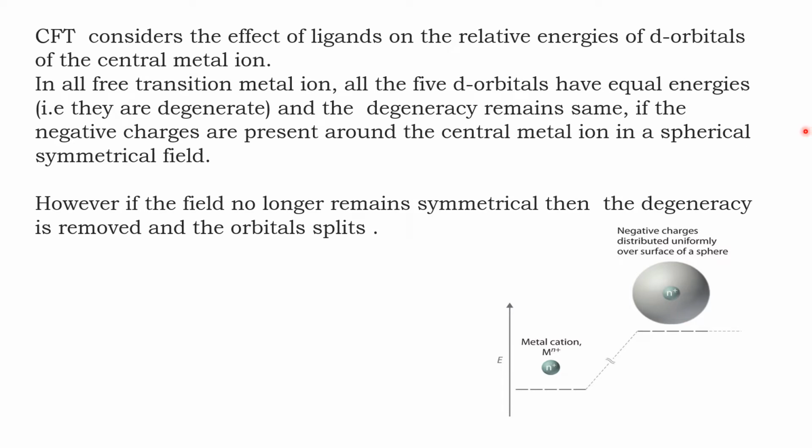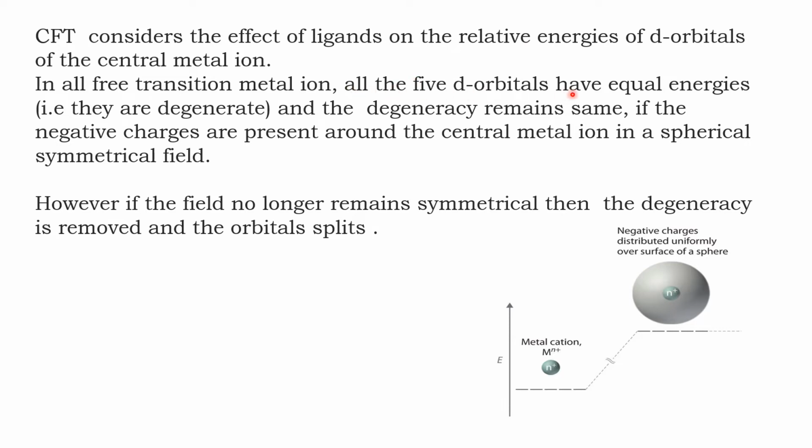Crystal field theory considers the relative energies of the d orbitals of the central metal ion and the effect of the ligands. The ligands interact with the d orbitals of the central metal ion, because all the 5 d orbitals have equal energy, but their electron density orientations are in different directions. For the free central metal ion, there is no interaction from an external field.